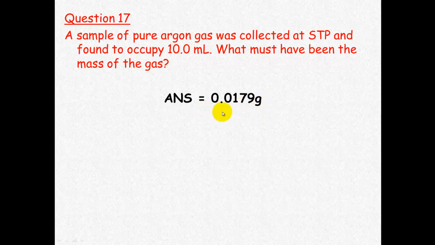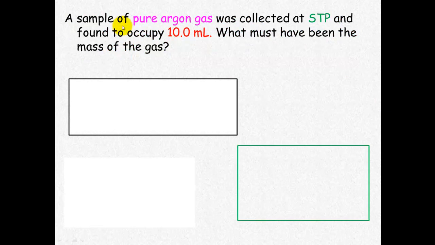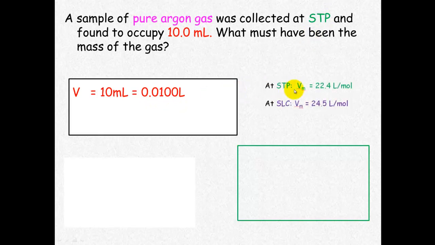If you got this right, well done. You don't need to watch any more of this video because I'm just going to run through the worked solution. So look at the important parts of the question. We know that we've got a pure argon gas, it's at STP, and it occupies 10.0 mL. So V equals 10 mL, which we change to litres because STP is measured in litres, and you'll find that most of the gas laws are in litres.